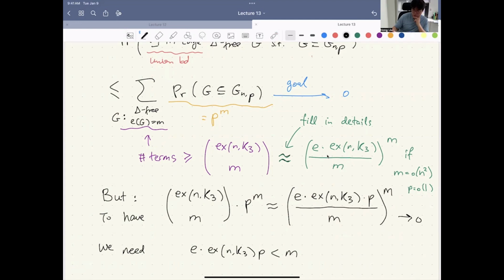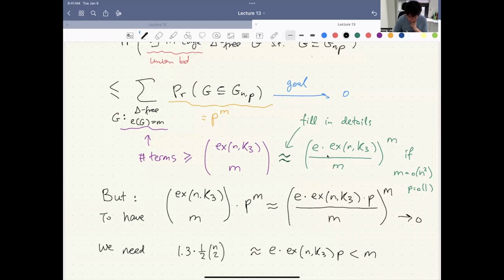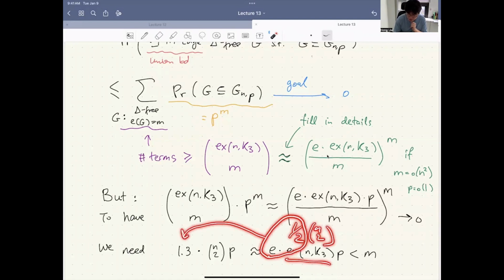Something is strange here. What is this? e is 2.7 something, so this is roughly 1.3 times 1/2 n choose 2 times p. Merging the 1/2 and e, this is 1.3, so we are left with n choose 2 times p here.